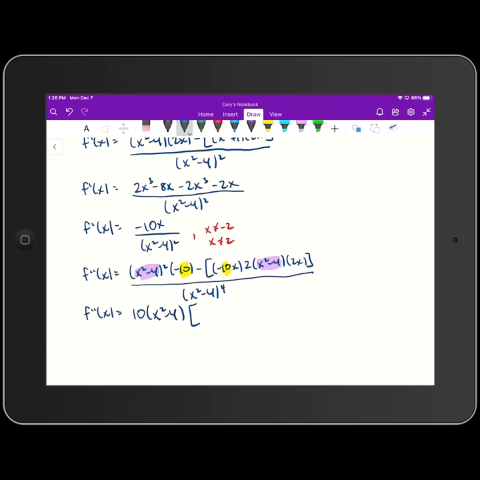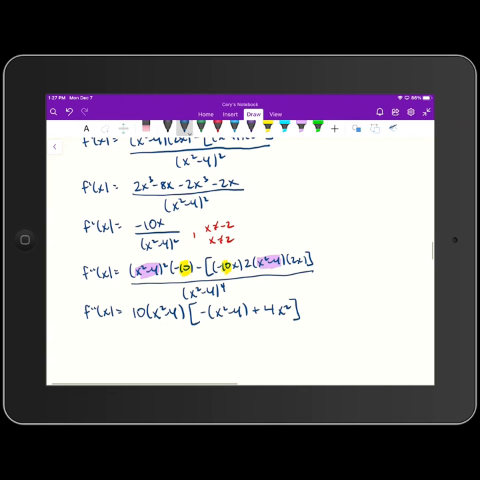When I factor that out, that's going to leave me with negative the quantity x squared minus 4. The negative changes or becomes positive, and then inside the parentheses, we're left with the factor of 4x squared. Okay. And then we're dividing that by x squared minus 4 raised to the 4th power.